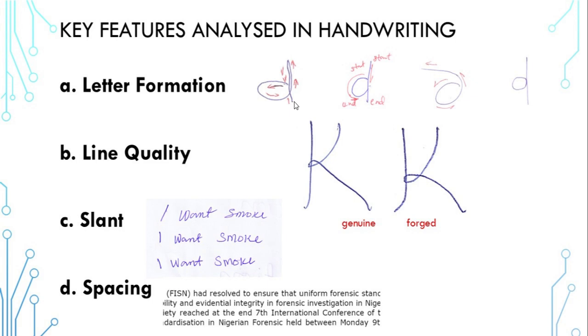This K, the first one that is tagged genuine, has good quality. The line is of good quality, whereas the other one is of bad or poor quality, because if you expand the screen, you can see that one has tremor.